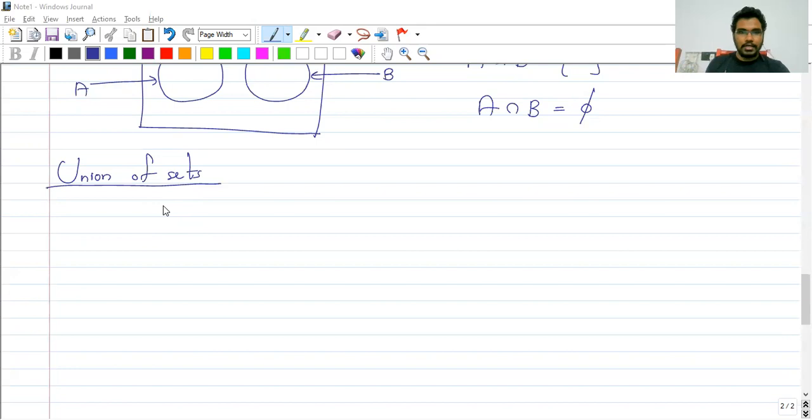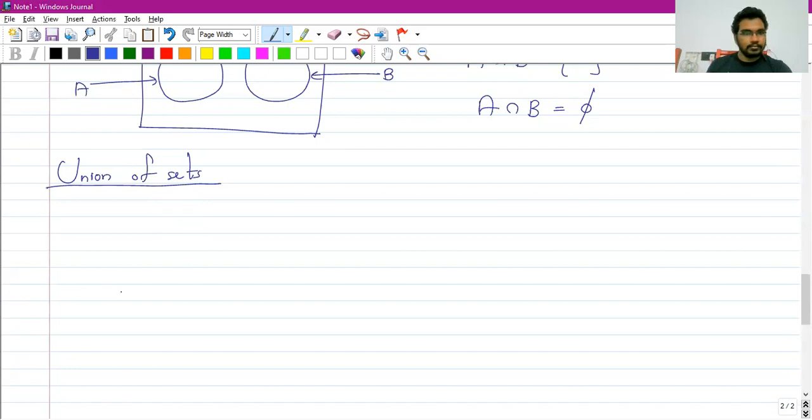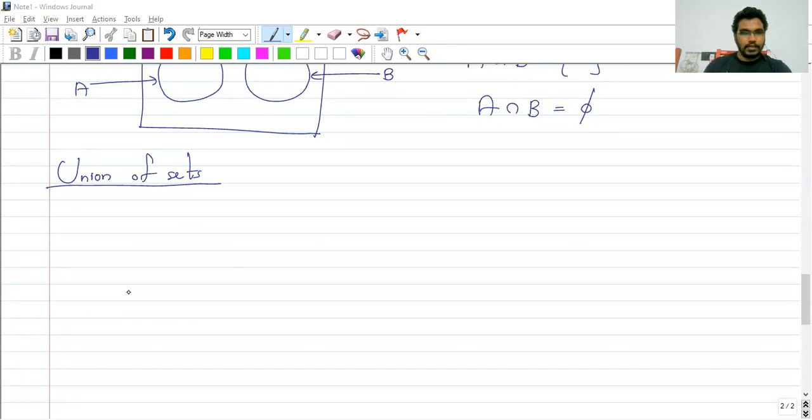So shall we take a small example like this? Shall we take set A and set B?